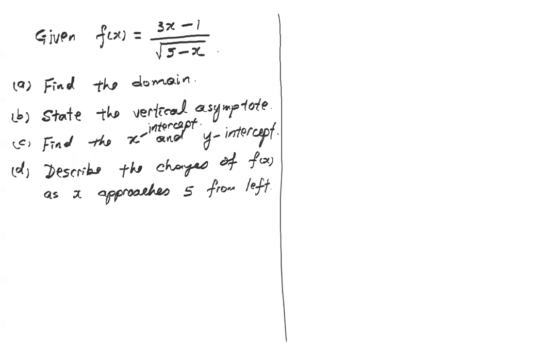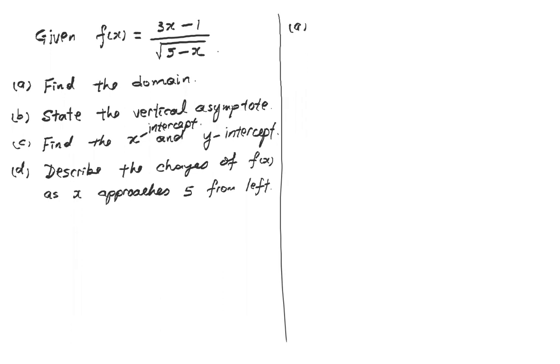Okay. You take 5 minutes to try. Okay, never mind. Let's go to part A. So we have to be very careful because the radical part is at the denominator. So we have to involve 2 conditions. Rational, the bottom cannot be 0.